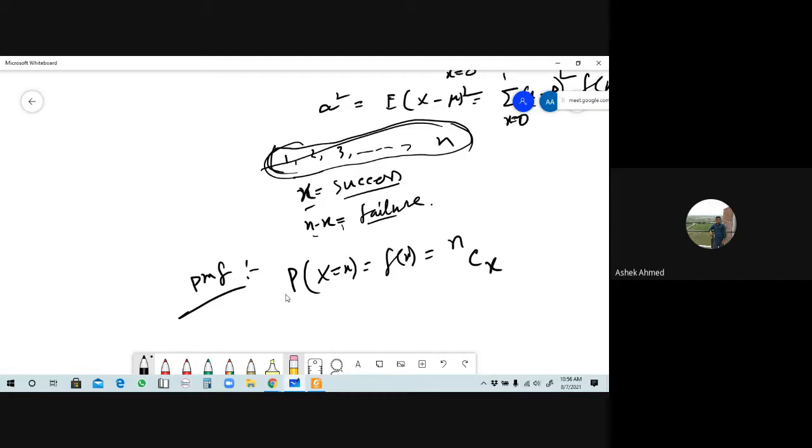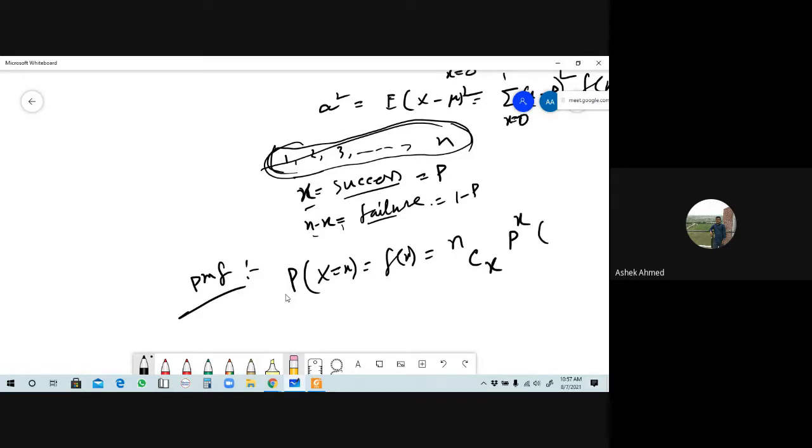Okay, now from here, n সংখ্যক trial থেকে আমরা x number of success choose করলাম, but that success will be if the probability of success is p, success probability p হয় and failure probability is equal to 1 minus p. Here x represents number of success, so the power of p will be x, understand?